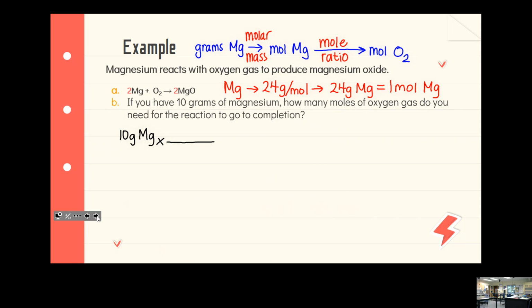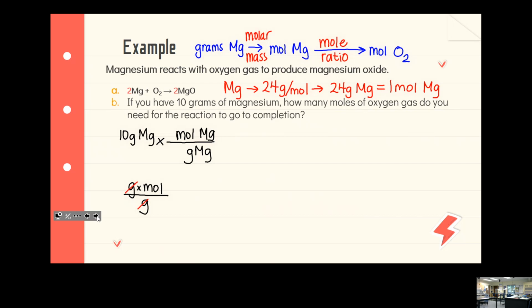Okay, so I know that I want to get rid of grams. So I'm going to take that unit and drop it down to the bottom. And I want to get into moles, so that goes up top. Okay, so this is my algebra. If I've got grams times moles divided by grams, then I can see grams is going to cancel out successfully.